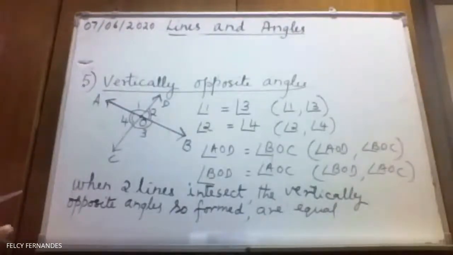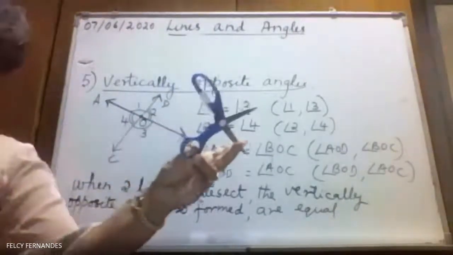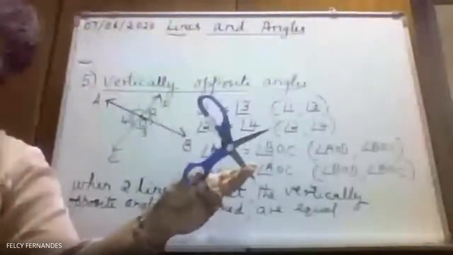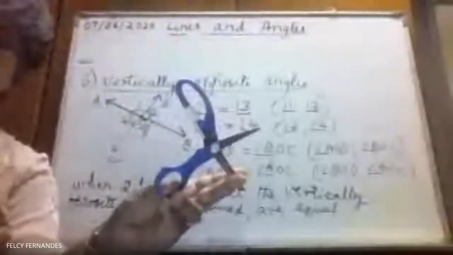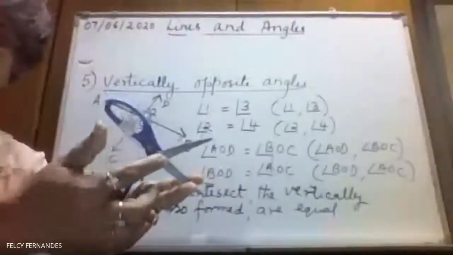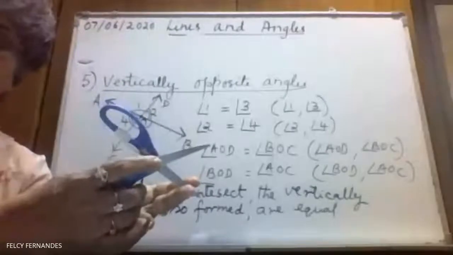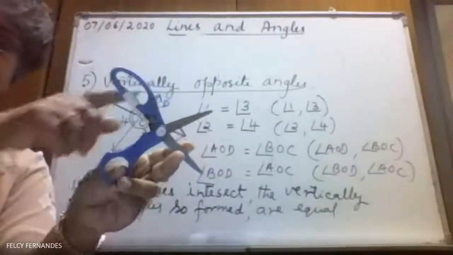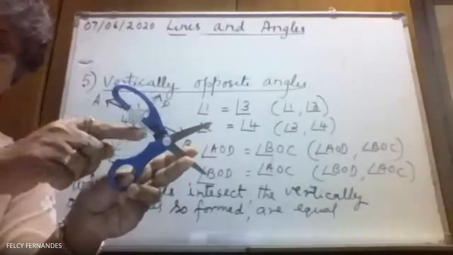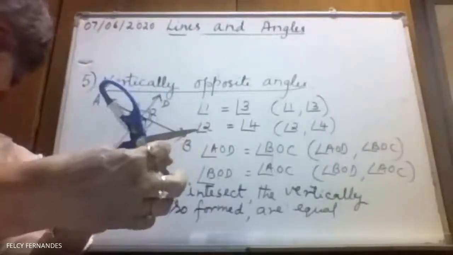For vertically opposite angles, I can show one example like this. You can see a pair of scissors where two arms are crossing each other at a point. Now this point is called the point of intersection. And see the angles formed. There are four angles, 1, 2, 3, and 4.